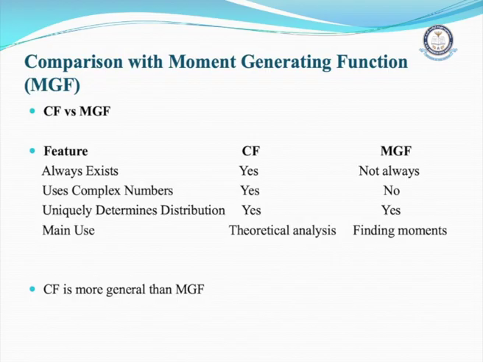The purpose of the generating functions is for discrete types of distributions and for finding the moments, that is the first moment and the second moment, the first non-central moment and the second central moment. What is the first non-central moment? That is only the mean. What is the second central moment? That is only the variance. Okay, through moment purpose and distribution purpose we are using these generating functions.